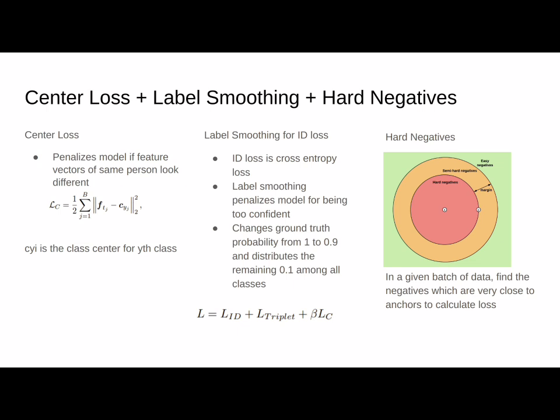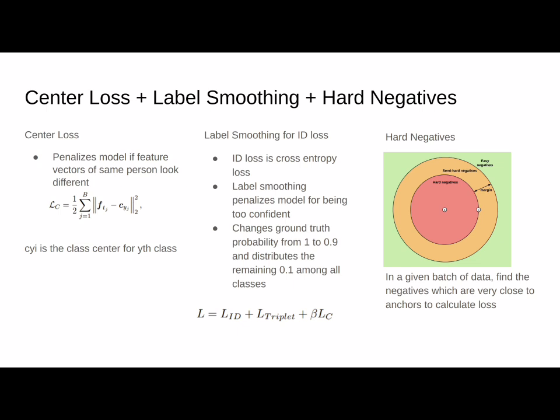Now we apply label smoothing on it, which is a way to make sure that the model doesn't overfit or isn't too confident. So instead of giving the ground truth during training as 1 for the correct class, we give the ground truth to be 0.9 and distribute the remaining 0.1 probability among all the other classes. This makes sure that the model is robust and isn't too confident.